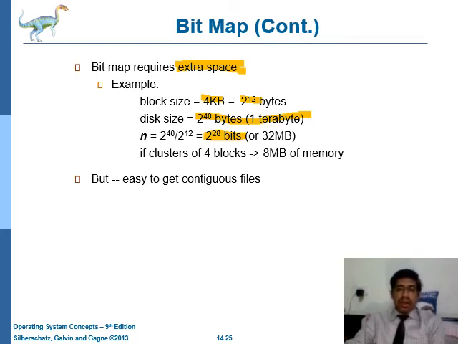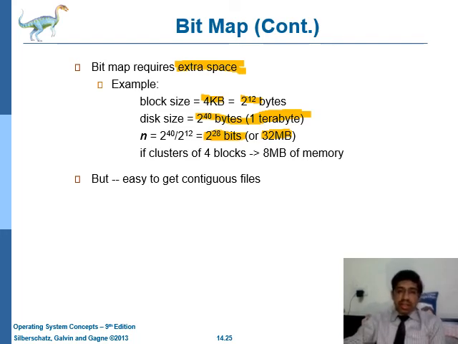So 2 raised to power 28 bits generally amounts to just a space of 32 MB. Imagine a 1 terabyte disk using an overhead of just 32 MBs in order to keep track of free blocks. Not a big deal. I think 32 MBs against 1 terabyte is hardly a measurable percentage.